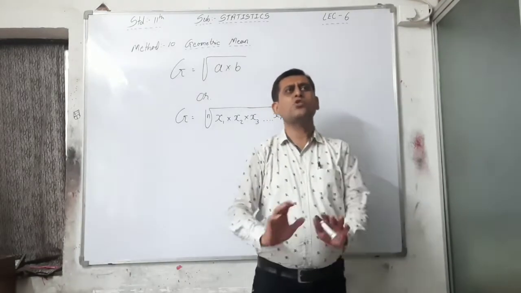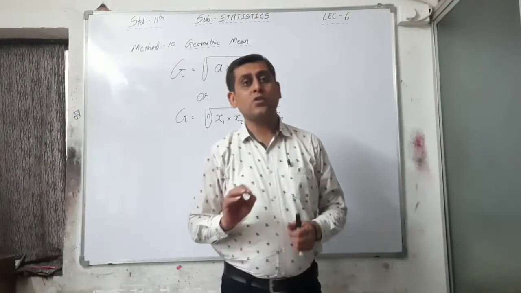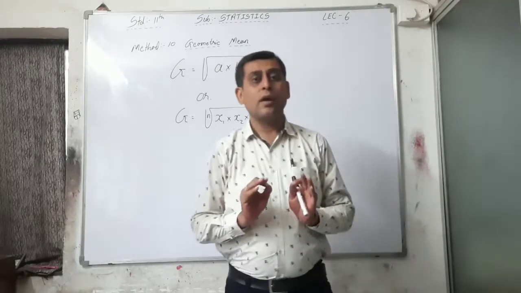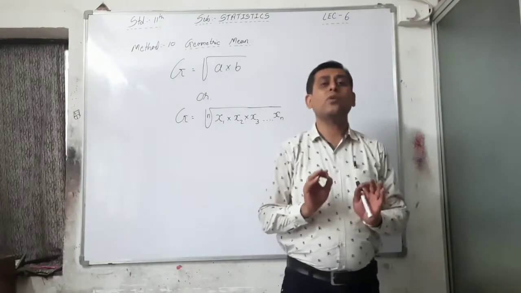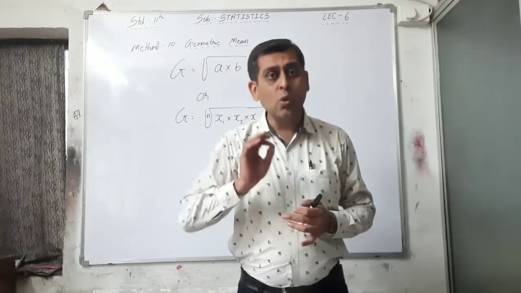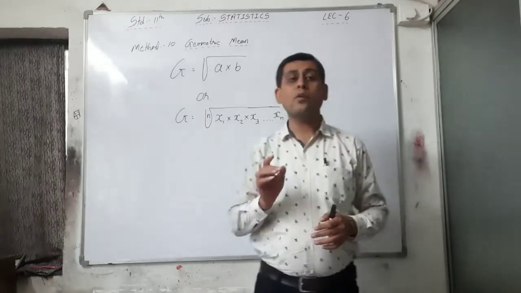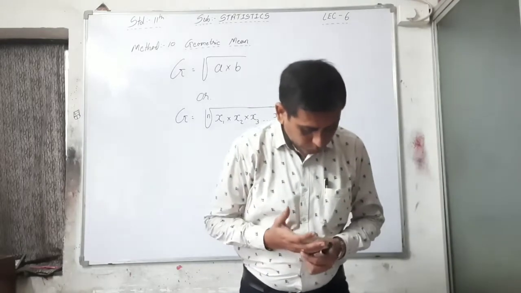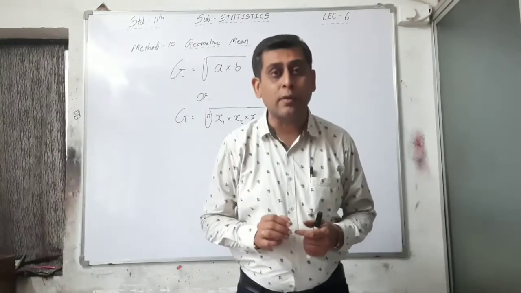So in short, if the price changes regularly, then you cannot find the average by arithmetic mean. You have to find that average by the geometric mean. Another average called geometric mean is more appropriate here.